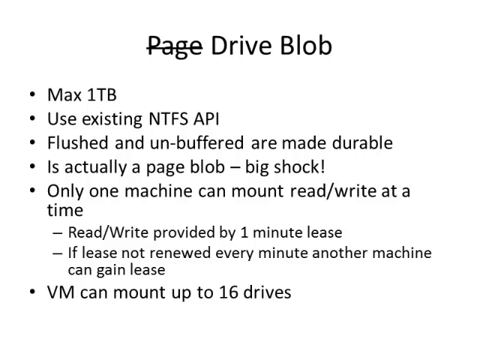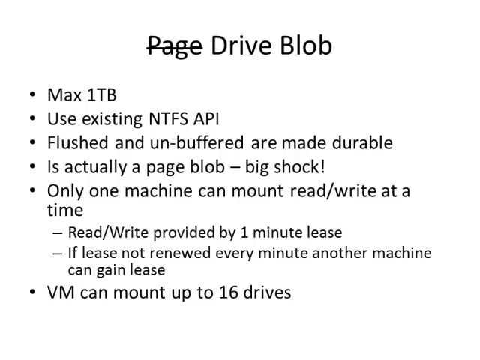Interesting thing is, this is the drive blob. This is what I was talking about. This is your NTFS API. So you can just load it, and it supports the full NTFS API. It's actually a page blob, and only one machine can have write access to it. So it opens the lease, taking that lease for a minute.